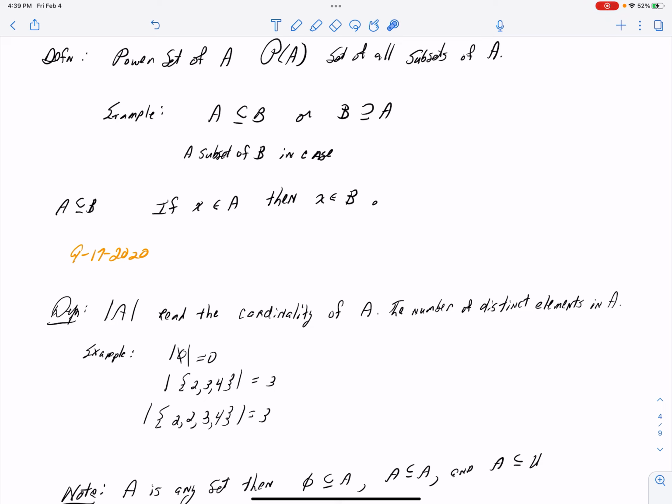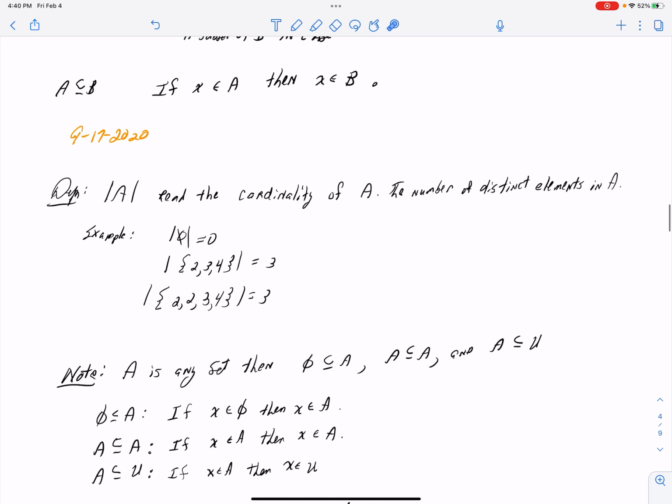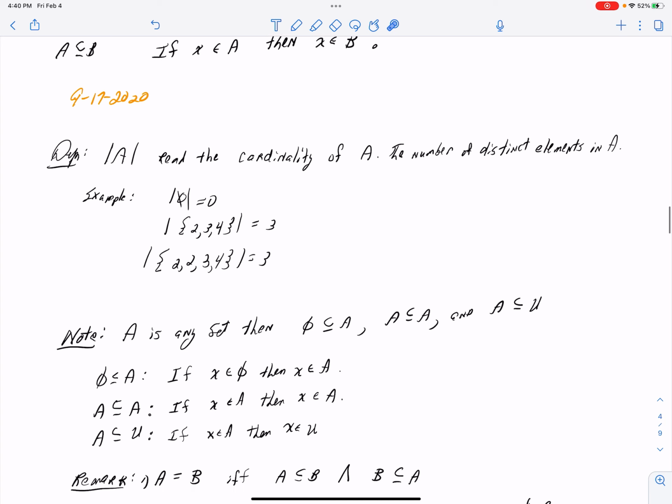How do I prove that? I assume the hypothesis, X is in A, and then I have to show the conclusion is necessarily true, namely X is in B. So anytime you're trying to show A is a subset of B, you choose an arbitrary element of A and show it has to be in B. That's what the concept of subset means.